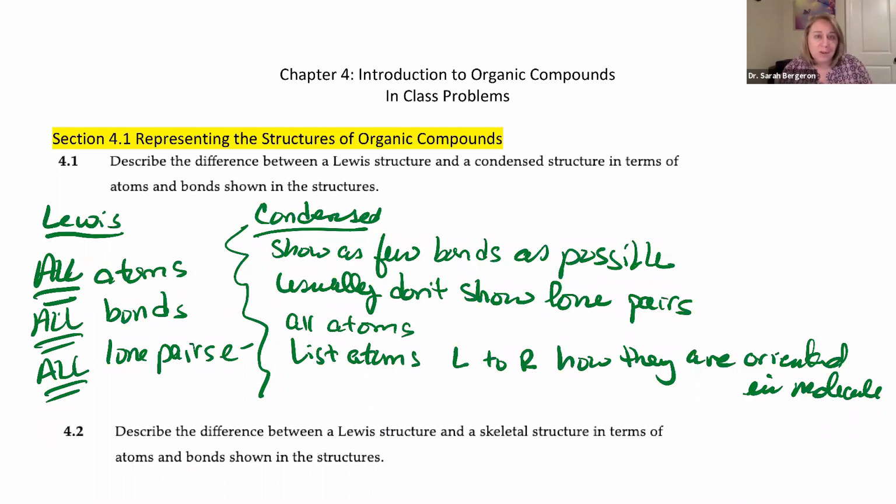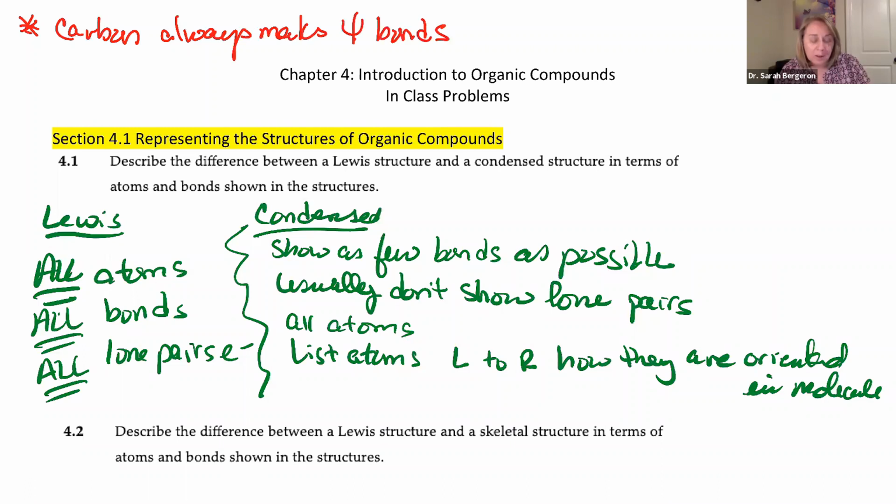And so when you're doing organic compounds, one of the things I want to remind you of is that carbon always makes 4 bonds to other atoms, whether that is carbon to carbon, carbon to oxygen, carbon to hydrogen, carbon is always going to have 4 bonds, right?